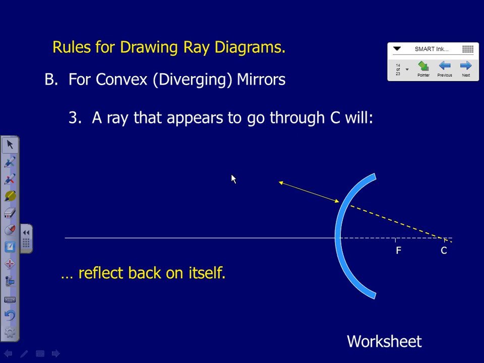And the reflected rays are diverging, so we extend them in behind, and right there, our little dotted rays meet. And right there, we have our image. Again, with the base always on the principal axis.